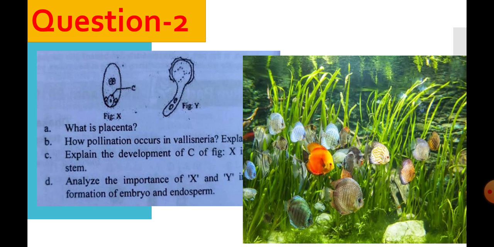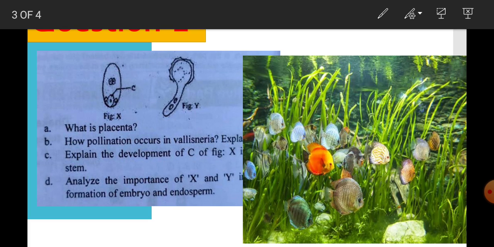And this pollination in Vallisneria, as an aquatic plant, occurs either by water or aquatic organisms like fishes. You have to describe this.